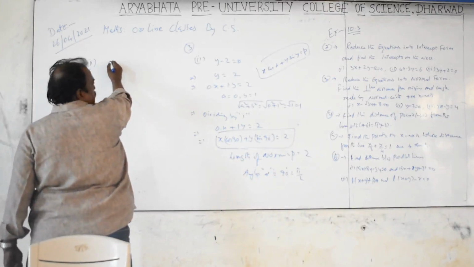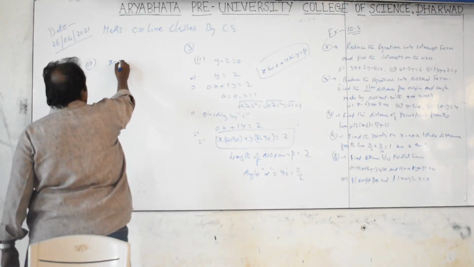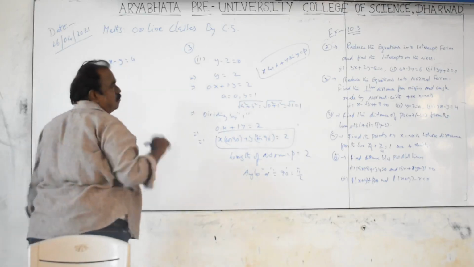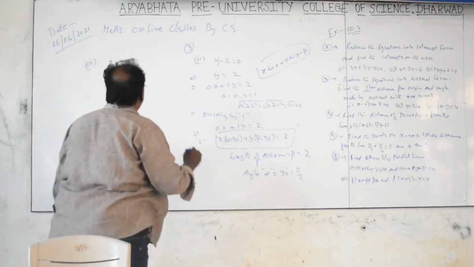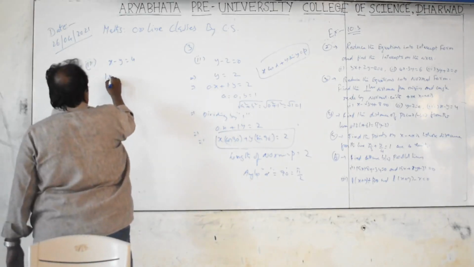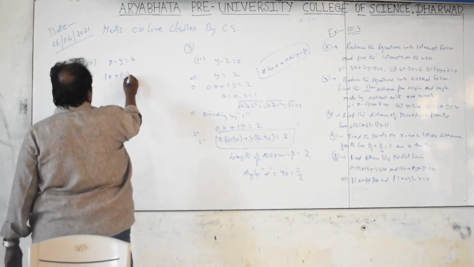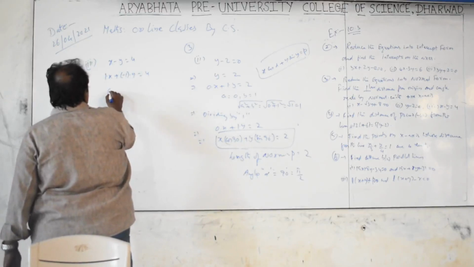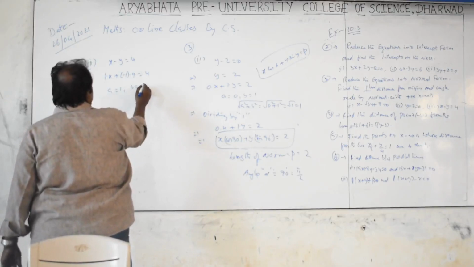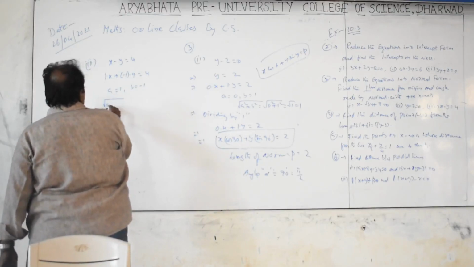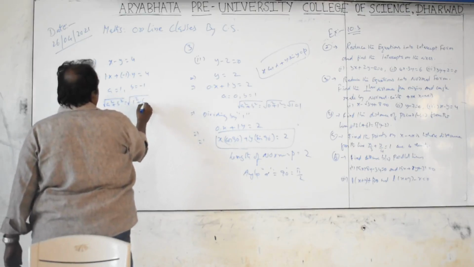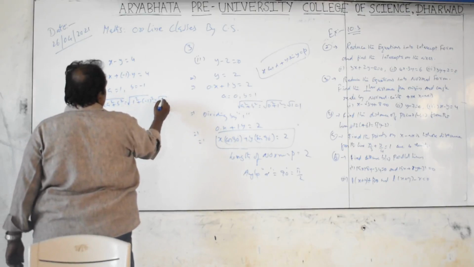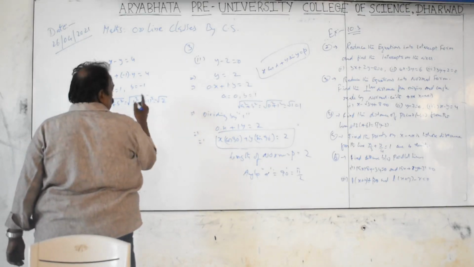The given equation is x minus y is equal to 4. Here 1x plus minus 1y is equal to 4. A is equal to 1, b is equal to minus 1. So root of a square plus b square is root of 1 square plus minus 1 square, which is root 2, that is 1 plus 1.